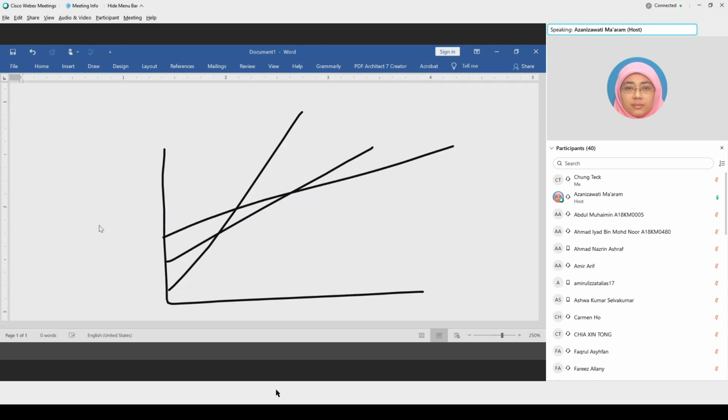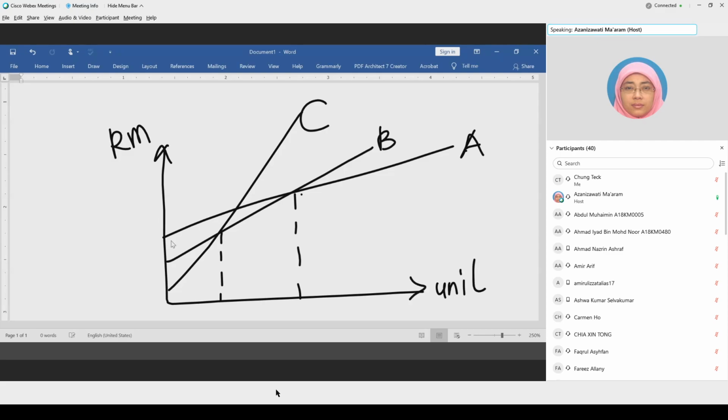Okay. So ada case yang macam ni. So katalah yang ni proses A, ini proses B, ini proses C. Okay. So ini of course the cost lah. So ini adalah units. Okay.